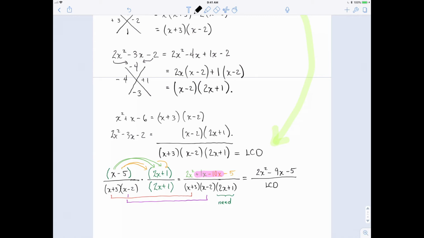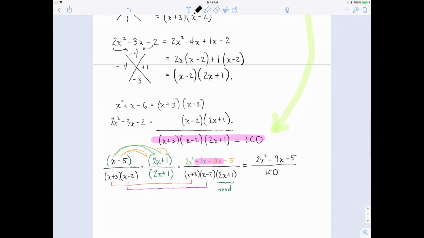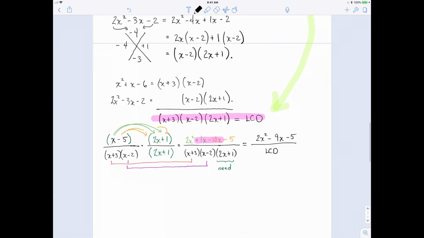I'm just going to write LCD because we know what it is. We've written it very clearly right up here. Okay, there's our first fraction in the new form, having the LCD.